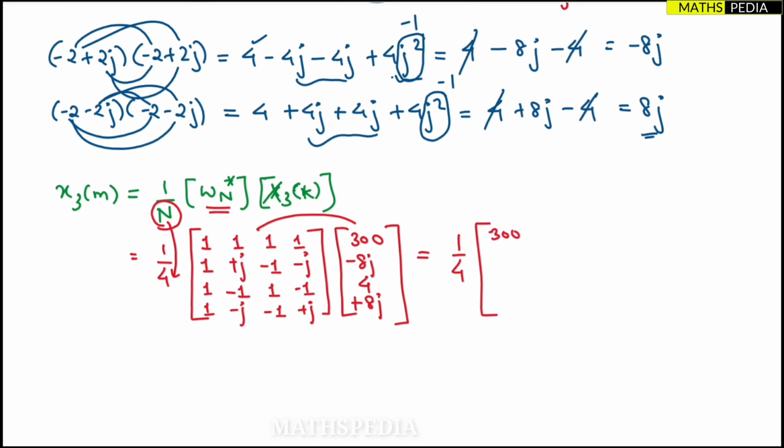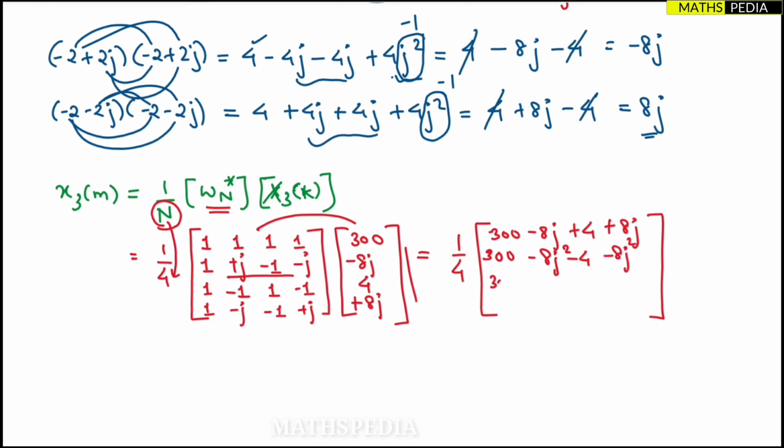Okay, here the multiplication, again the same thing you have to do. So first row into this column: 300 minus 8j plus 4 plus 8j. Then this row into this column, same multiplication method: 300 minus 8j square, remember the multiplication, minus 4 minus 8j square.